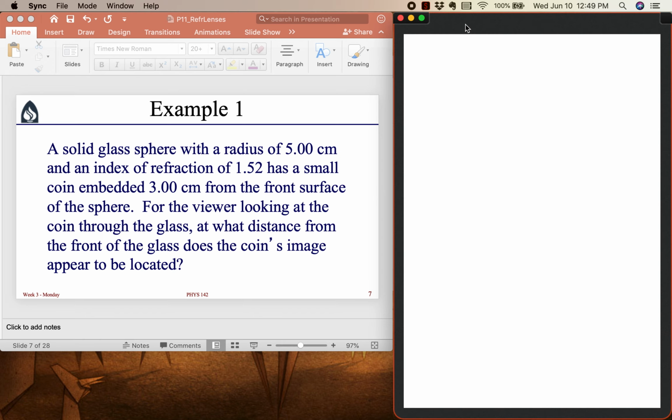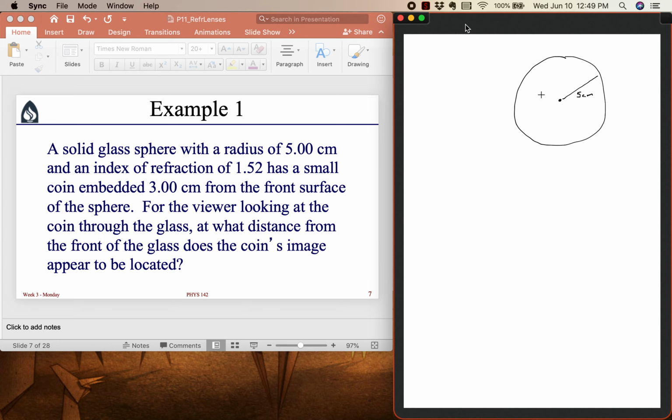So if we draw a picture of this scenario, we have our glass sphere, and we know that from the center to the surface of the sphere, the radius of curvature is 5 centimeters. So this distance is 5 centimeters. And we have a coin that is embedded 3 centimeters from the surface.